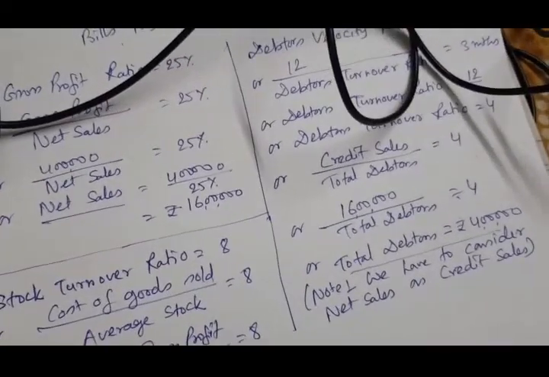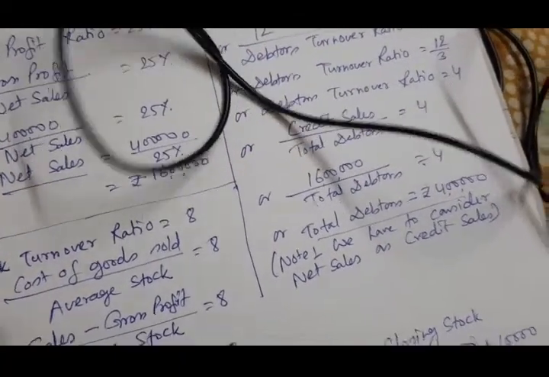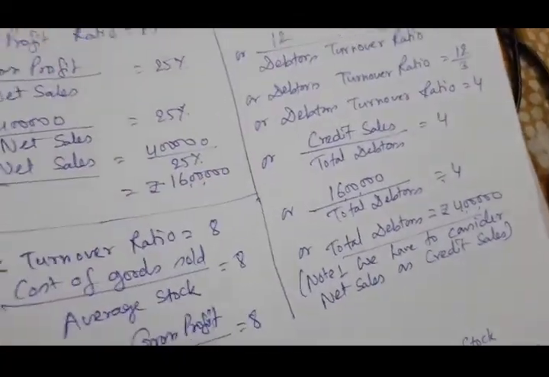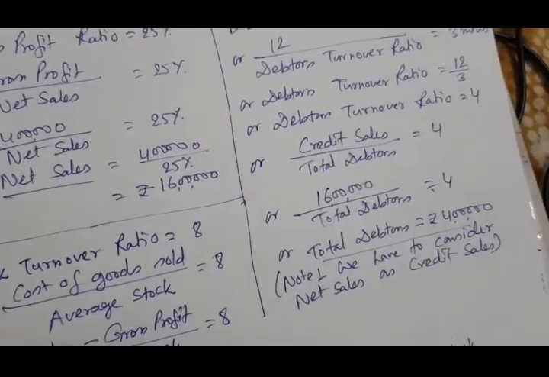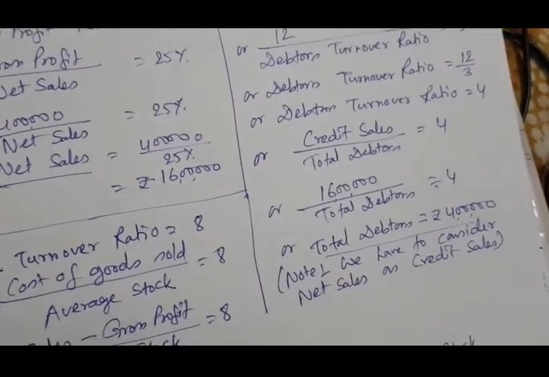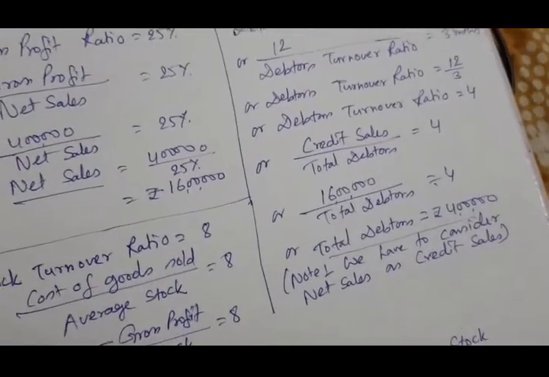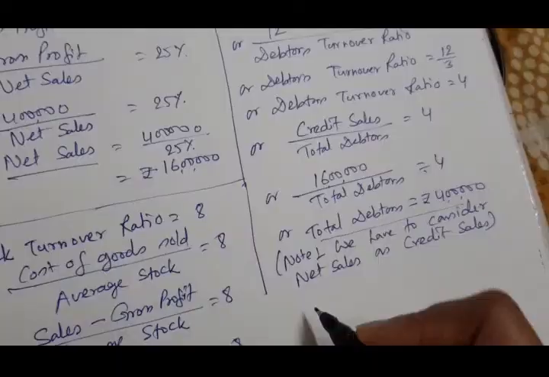Now another thing: as we have been given the figure of total debtors, we can see we have been given bills receivable. So we can find out our sundry debtors. What's the formula?